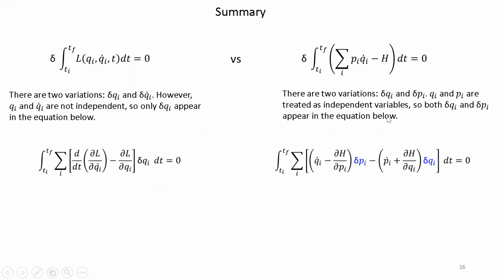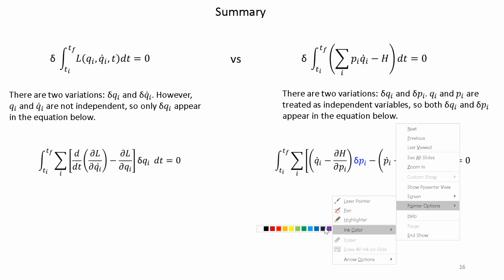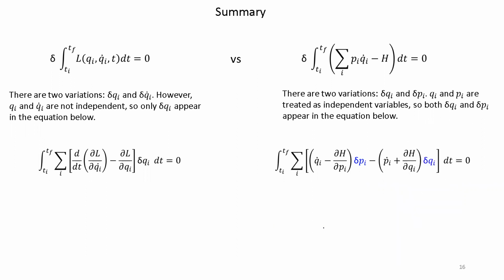But here you might have a question in mind: why can we treat delta p and delta q to be independent? Why can we treat them as independent variables? Well, just consider one-dimensional linear motion. You know that p is just m x dot, right? This is what we've learned before, momentum is m x dot.